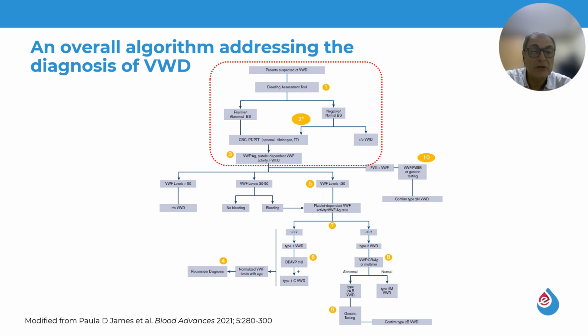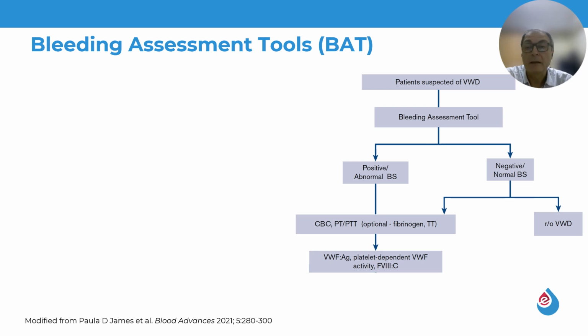In order to do so, we will divide the algorithm into 4 parts. The first step in the algorithm for a patient suspected of VWD requires the use of a bleeding assessment tool, BAT. On this aspect, the panel considered 3 different situations.